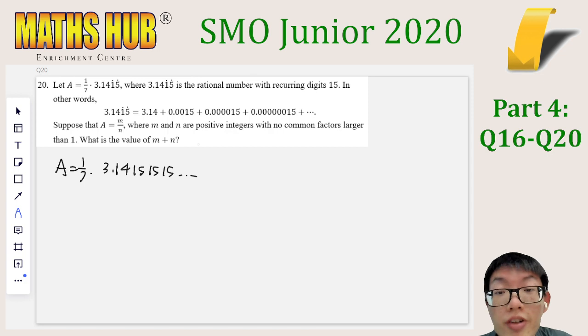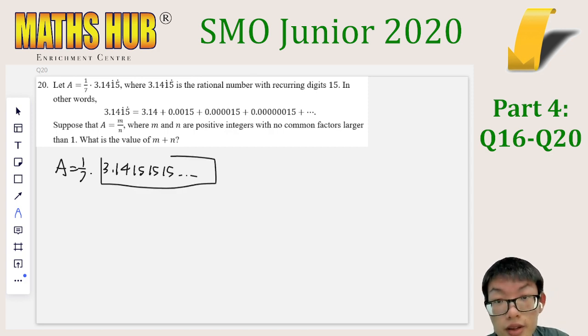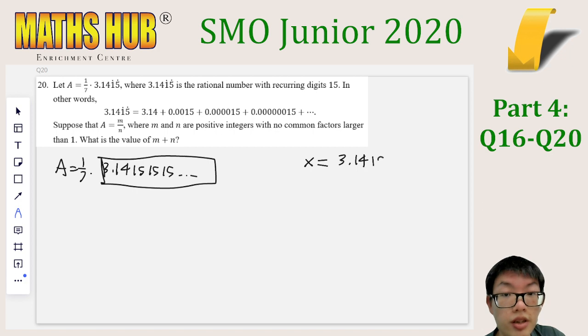So 3.14151515, so on. Let's plug this out and go over the approach that we use to convert recurring decimals to fractions.